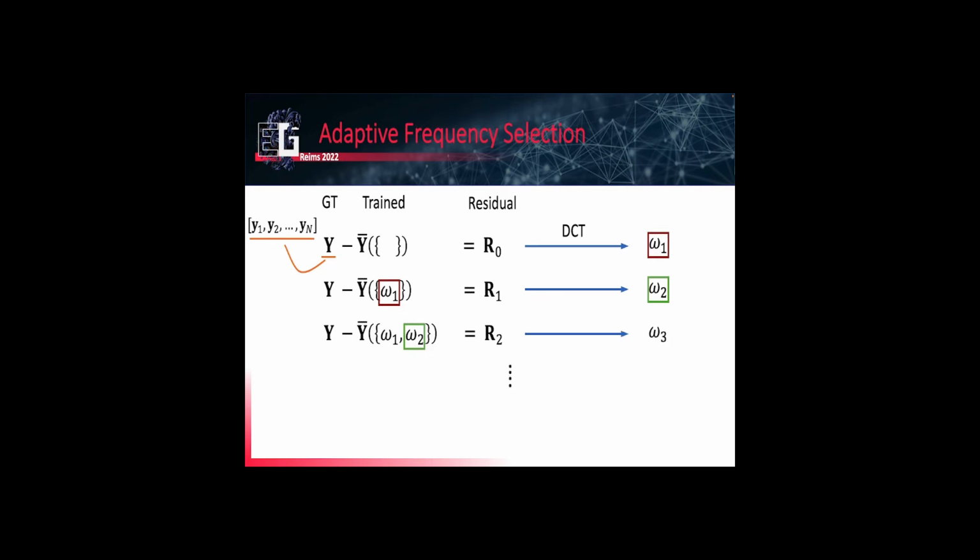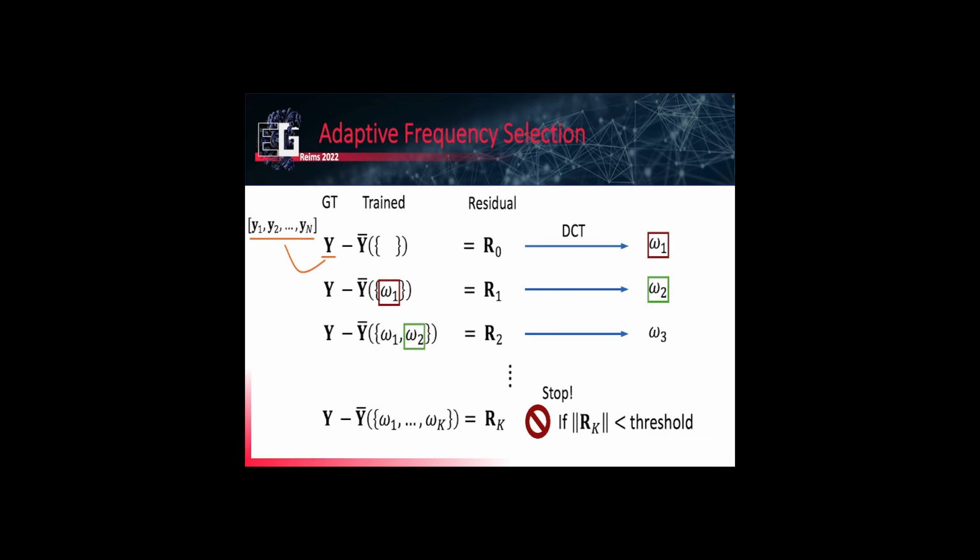We repeat this process until a quality threshold is satisfied. That means the final residual RK is smaller than some threshold. Then our Fourier feature frequency is omega 1 to omega k, and the training is completed.